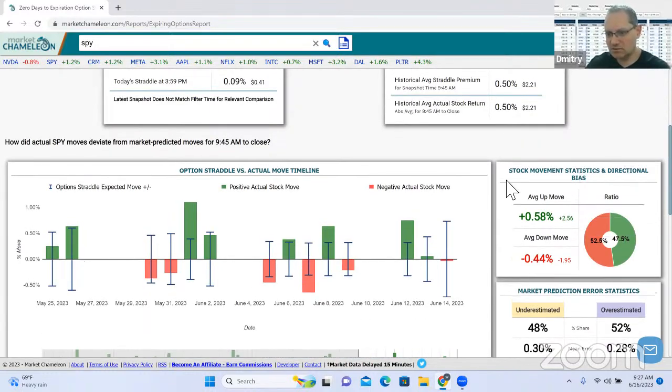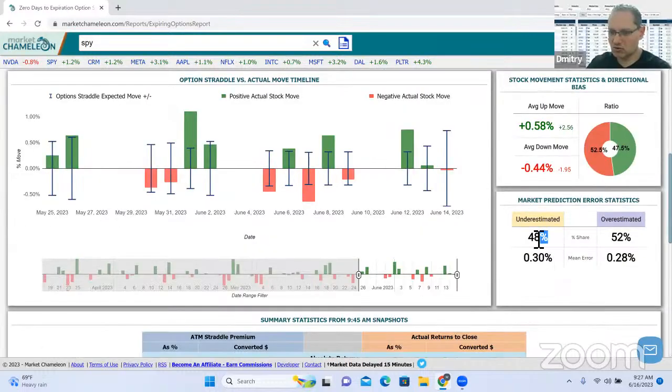And then here, it'll show you a breakdown, again, of the average moves in the stock, up and down, the ratio. And over here, we're running out of time, but I'm going to go a little bit quicker. It shows you a breakdown of the percentage of times that the options underestimated the move versus the percentage of times the options overestimated the move.